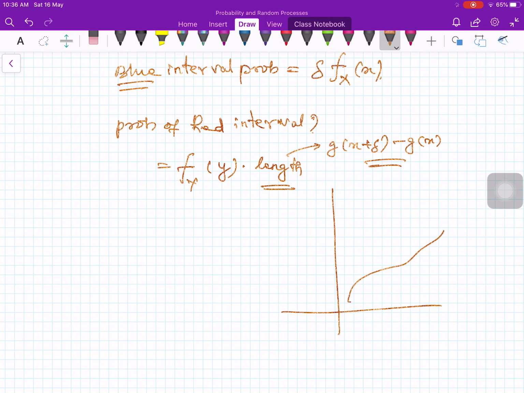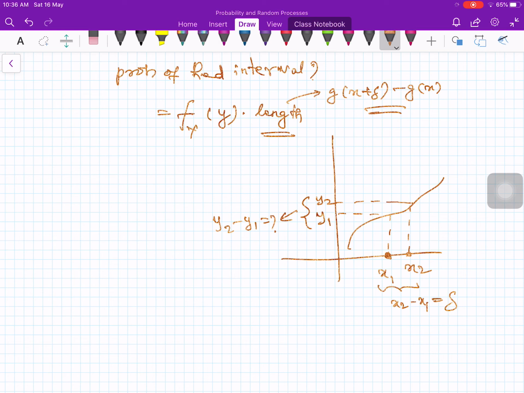So I have a function like this. Let me call this point x1 and this point x2. The corresponding points are y1 and y2, and this difference x2 minus x1 is equal to delta. And now we need to find out what y2 minus y1 is. How do you find that out? Take the slope of the function.